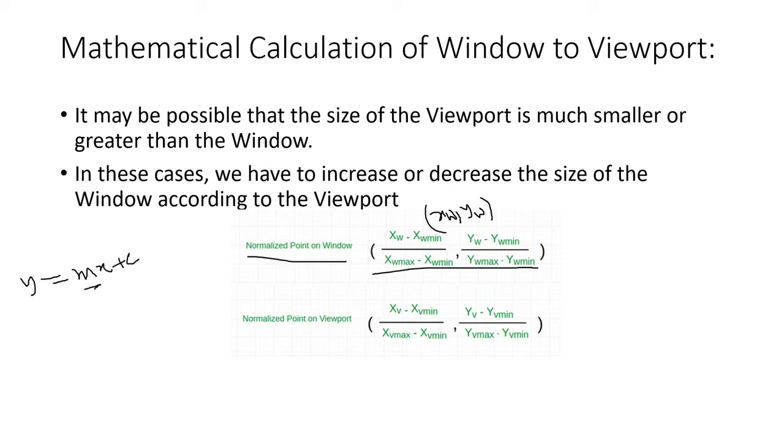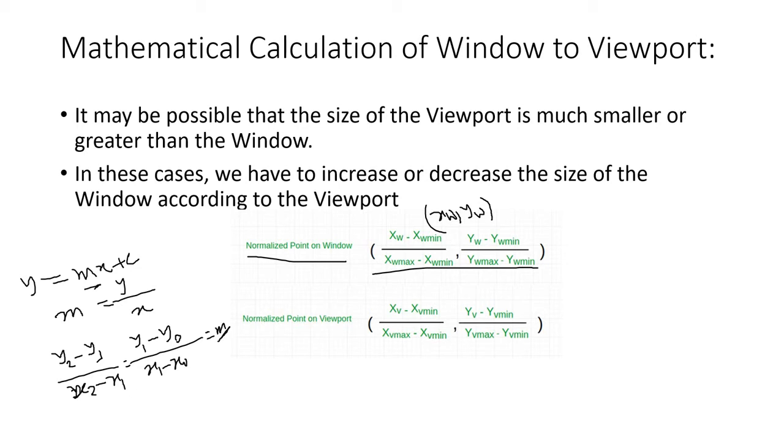So y2 minus y1 divided by x2 minus x1 is equal to y1 minus y naught divided by x1 minus x naught, which is always going to be m, because this one remains fixed and these values will get changed.